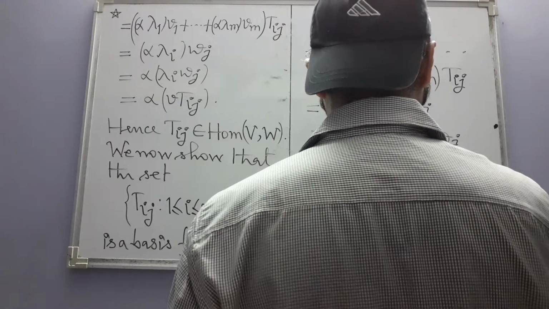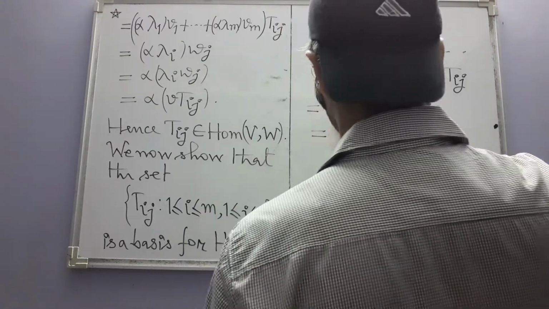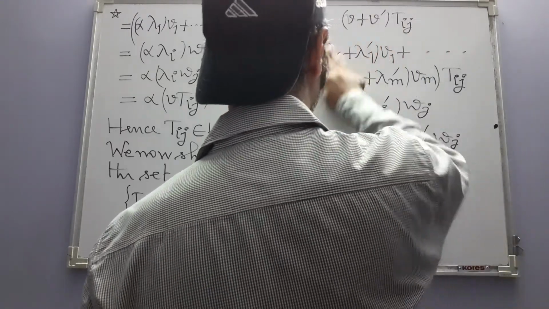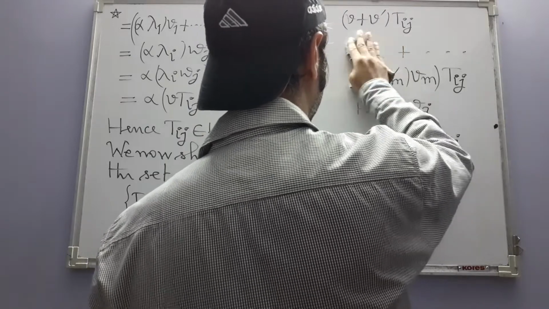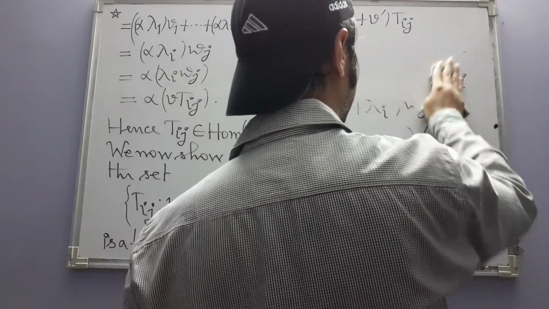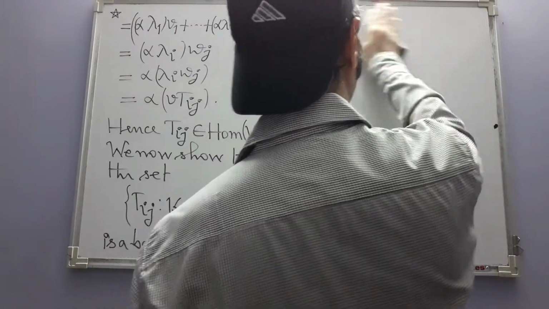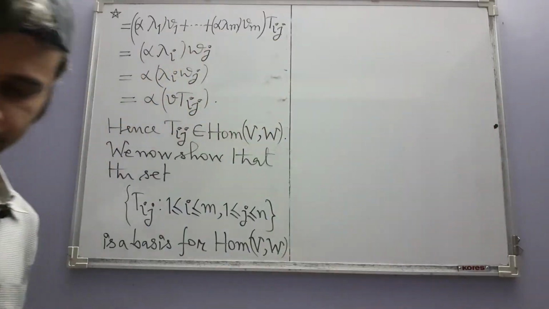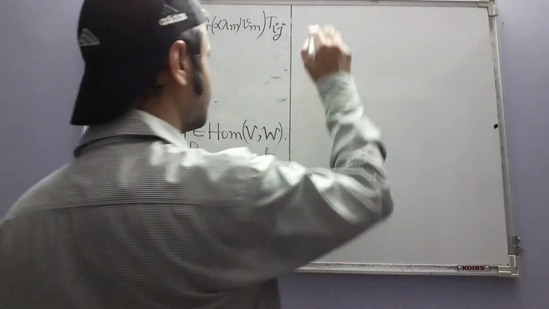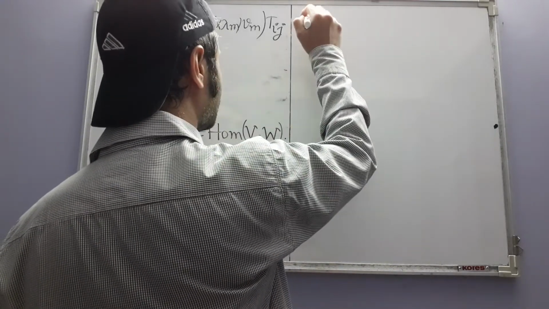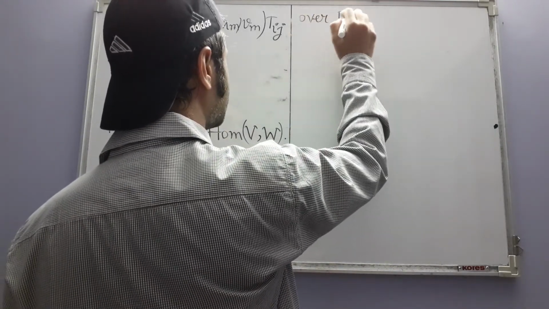One is that this set spans the space, and the second thing is that this set is linearly independent over F.